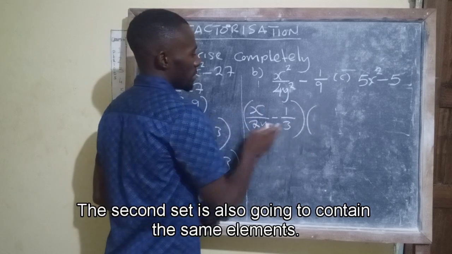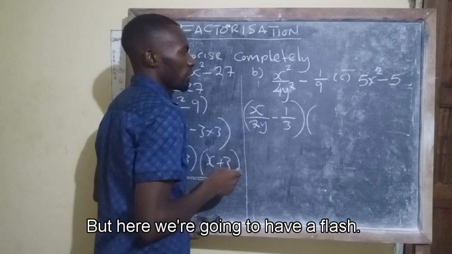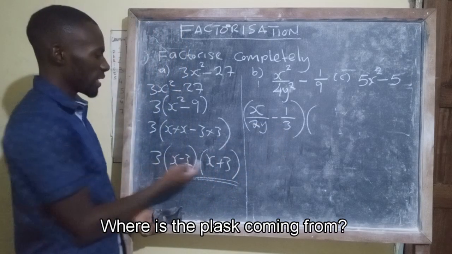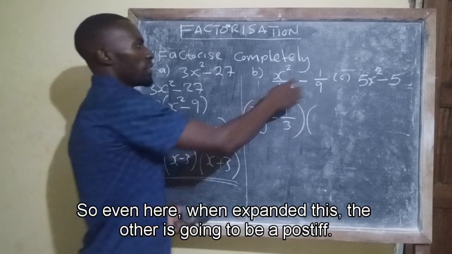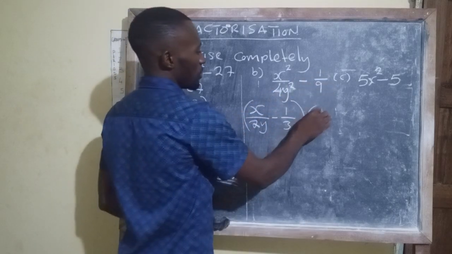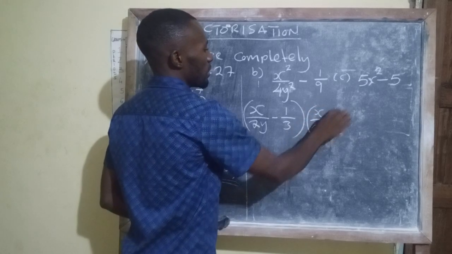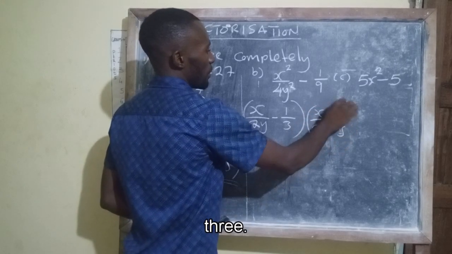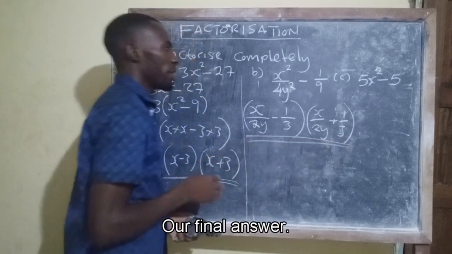The second set is also going to contain the same elements, but here we're going to have a plus. Where's the plus coming from? Because the other side here is positive. So even when we expand this, the other one is going to be positive. So we have x over 2y plus 1 over 3. This is our final answer.